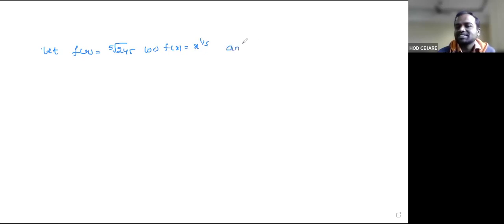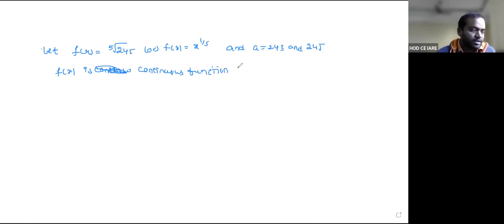Assume a is equal to 243, and b is 245. f of x is a continuous function, and derivable in the open interval a comma b.